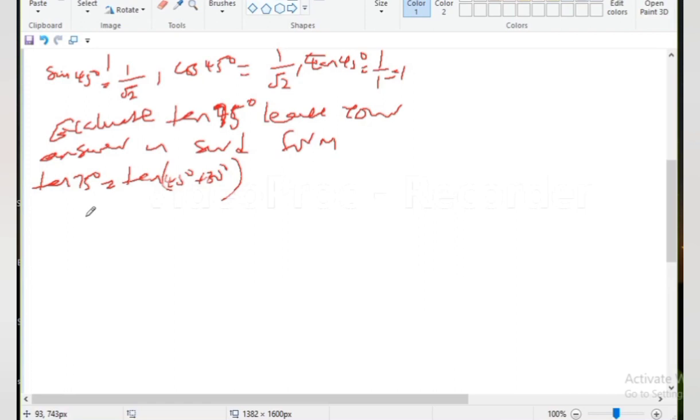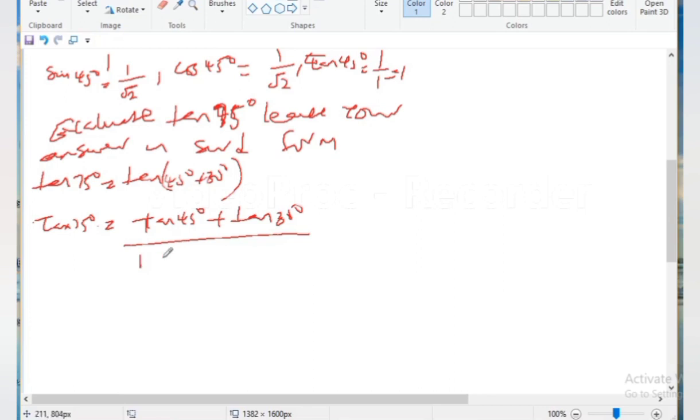For the plus case, what you have is tan A plus tan B, in this case tan 45 plus tan 30, over 1 minus tan 45 tan 30.